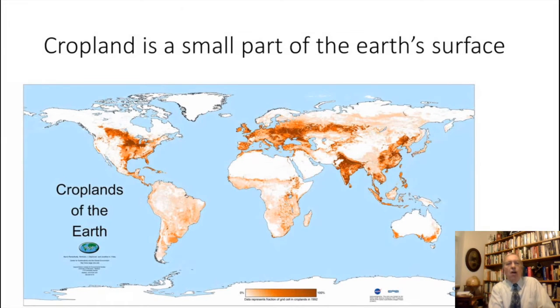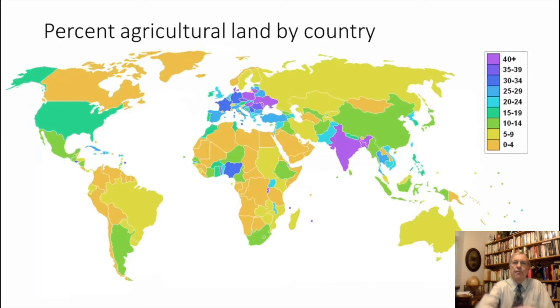Once more, cropland is a small part of the Earth's surface. You can see again the same patterns we discussed. And if you want to make a map where you express this by country, you see that there are very few countries in the world, fortunately India is one of them, where 40% or more of the land is actually good for agricultural land.